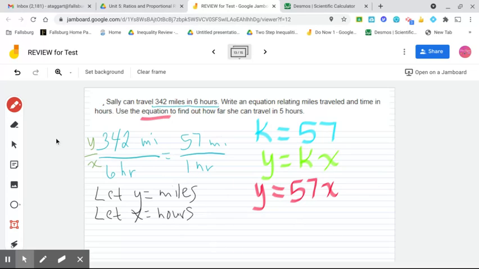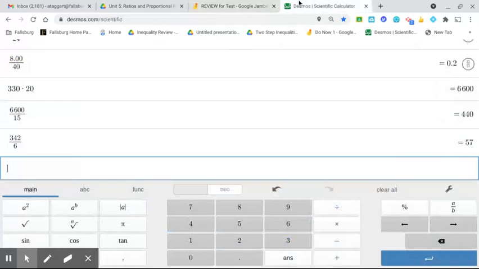Now we can go to the next part and it says, how far can she travel in 5 hours? Well, hours is x. So we're going to take 5 and plug it in for x. So we have y equals 57 times 5. So in order to simplify this, we just multiply 57 times 5, which gives me 285.